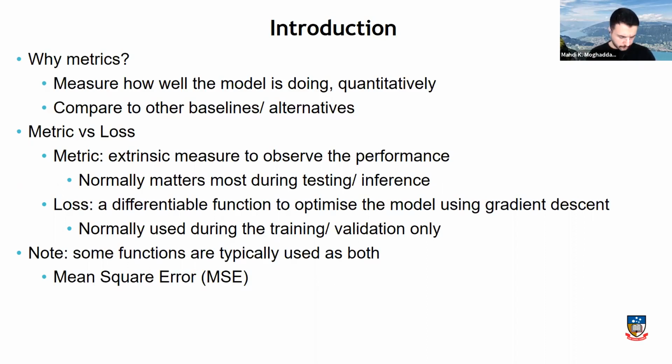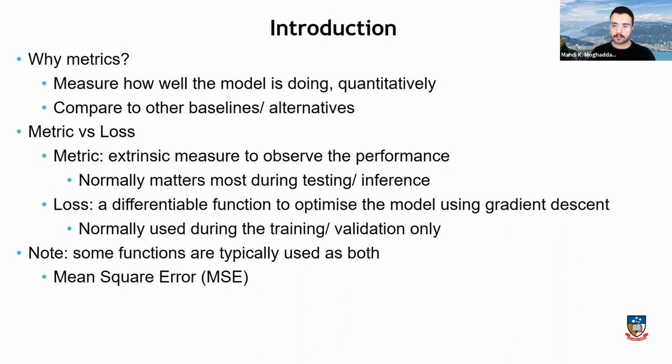So far into the project, hopefully you have been able to get some results. You have processed your data set, you have found out what model you want to use. And now that you have got some initial results, you want to be able to measure how well your model is doing. That measure needs to be something quantifiable.